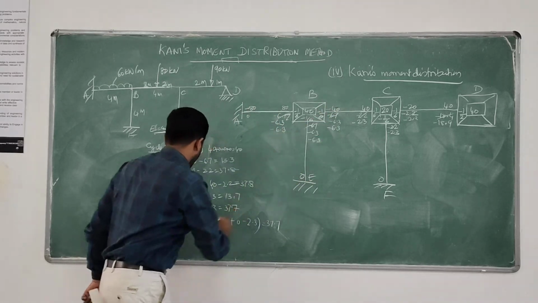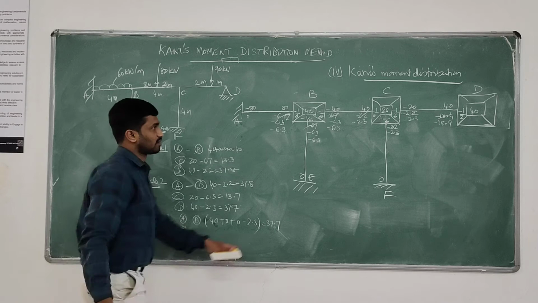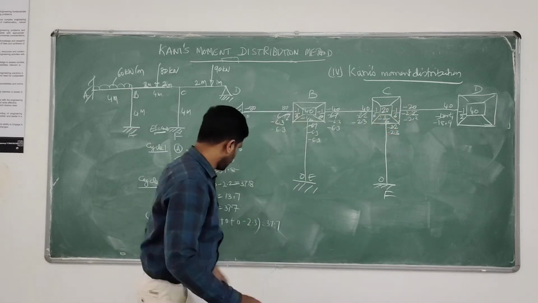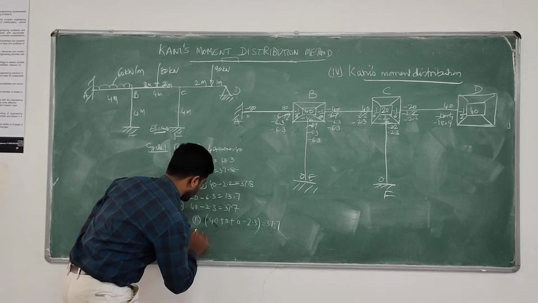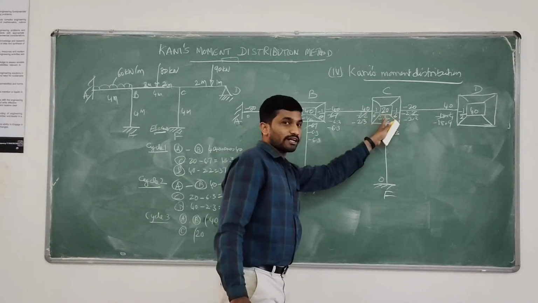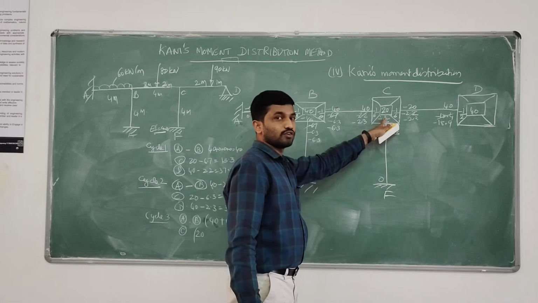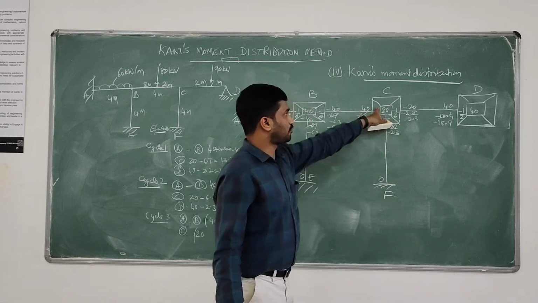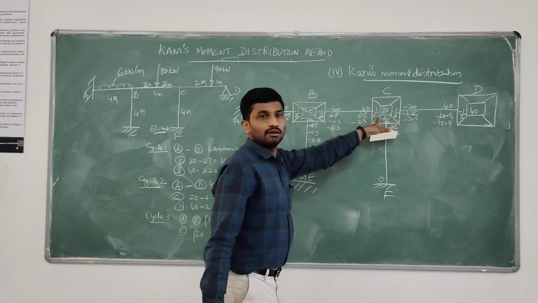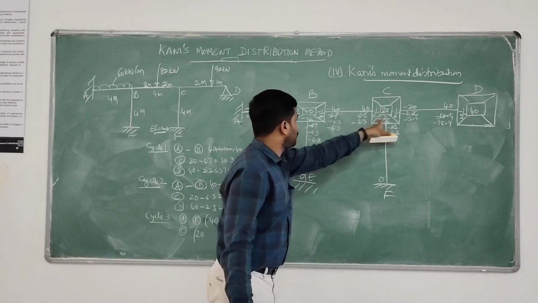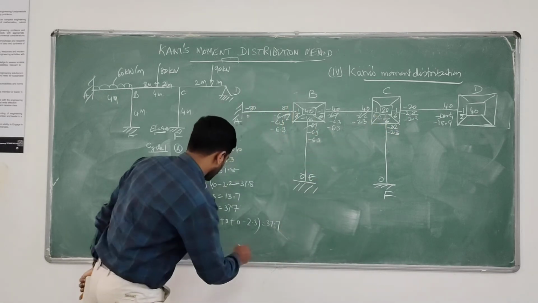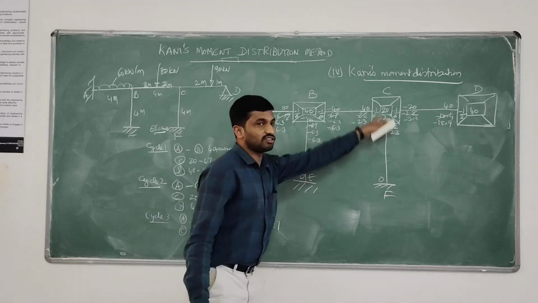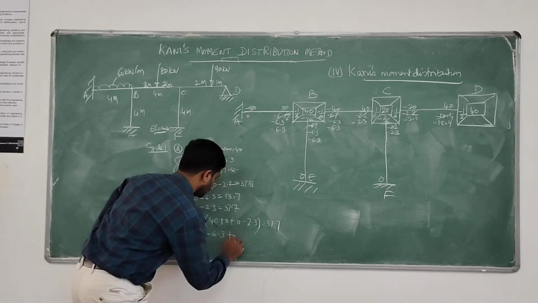Now at joint C, what is the summation of FEM? 40 minus 20, that is 20. And what are the further end contributions? For C, the further ends are BC, FC and DC. From BC we are having minus 6.3, so 20 minus 6.3, here 0 plus 0.